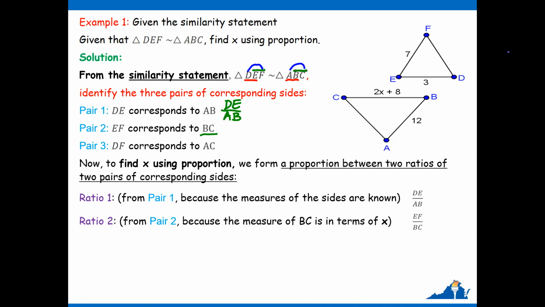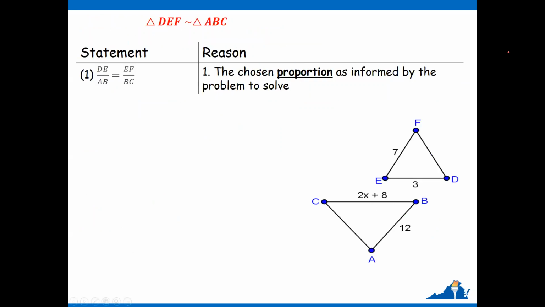Now we have these two ratios or fractions. From those two ratios, we come up with the proportion. That's the proportion we want. Equating those two ratios, the result is a proportion. Now, let us check how we move forward.